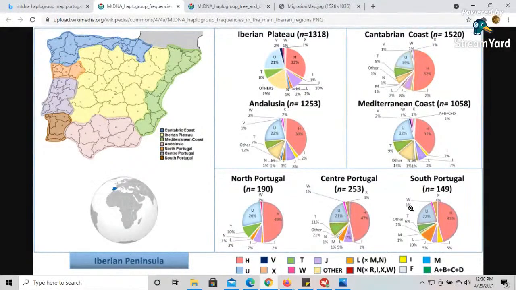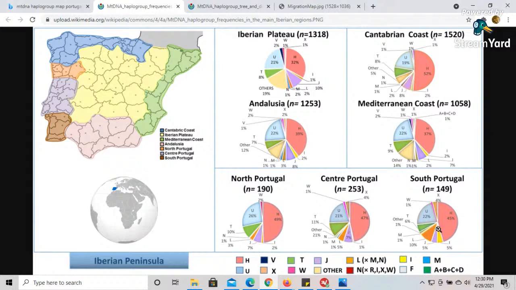Of course, the L, where's the L? Yeah. The L is the African, of course. Oh, there's the M right there. See that little sliver of M? That's their Asian DNA. And then there's other.